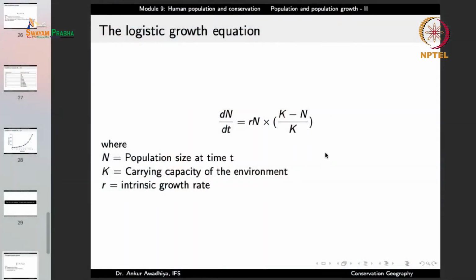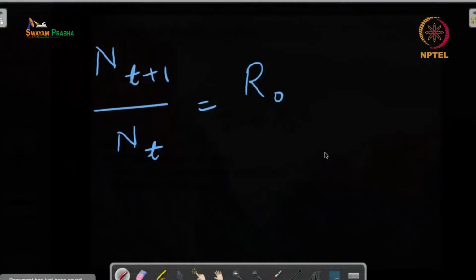And this is what we refer to as the carrying capacity of the environment. It depends on a large number of factors, and when the population increases and reaches the carrying capacity, there has to be a mechanism to keep it in check, because the population cannot exceed the carrying capacity, and because of that we have this factor.